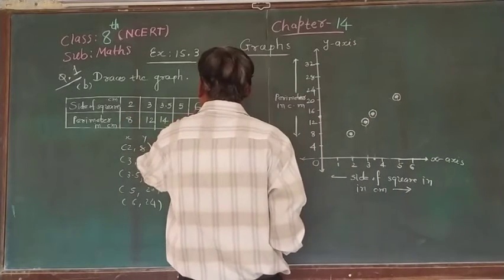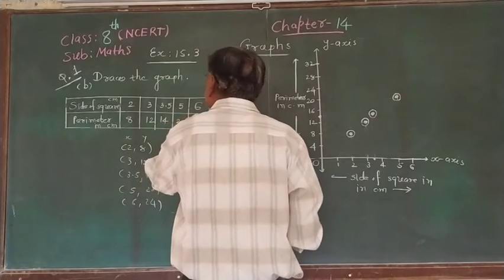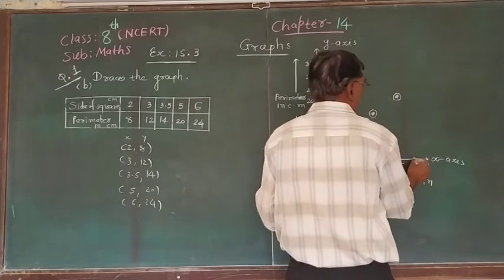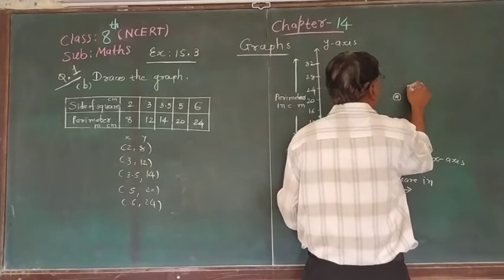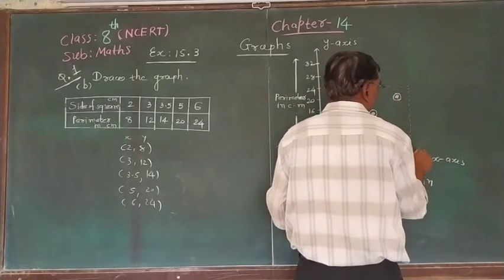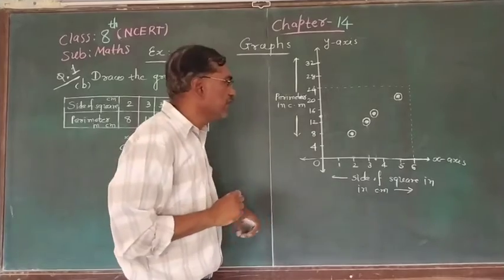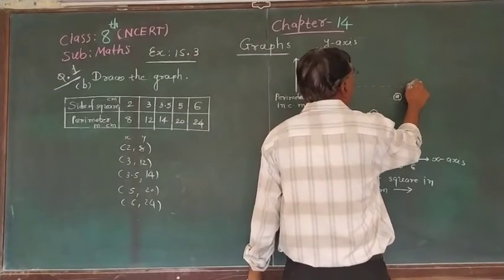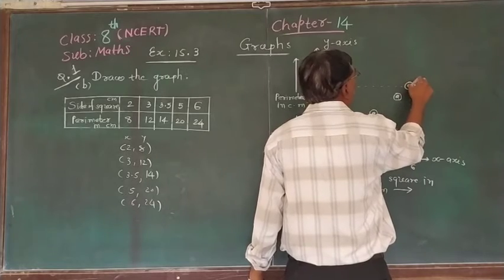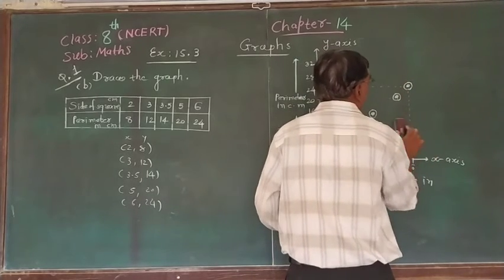Last, the side of the square is 6 cm, then the perimeter will be 24. Here is 6 and 24. In this way, we can draw a dotted line and meet here. So obtain the point. Okay, and remove this line now.